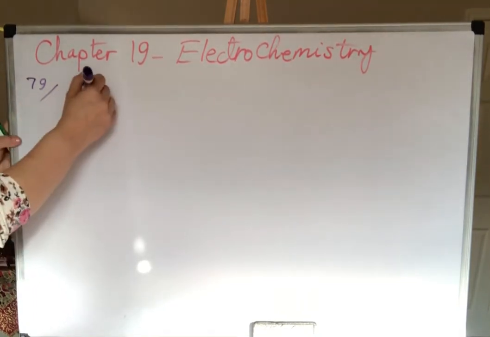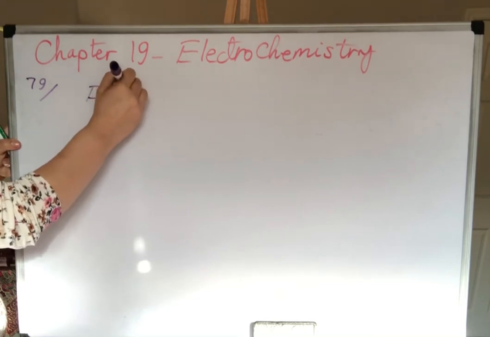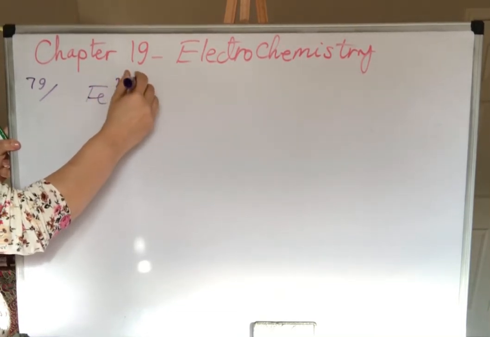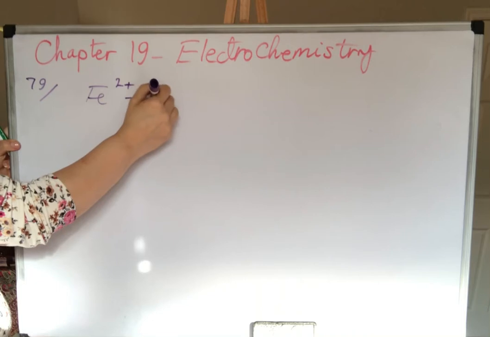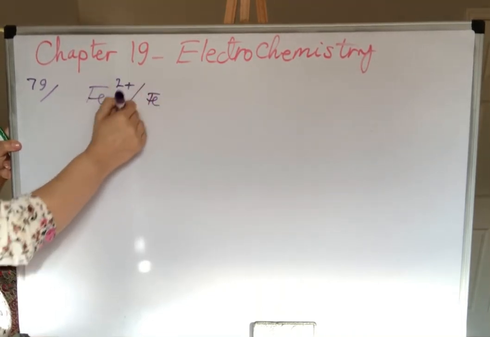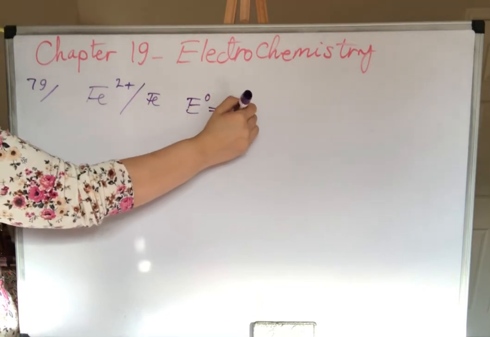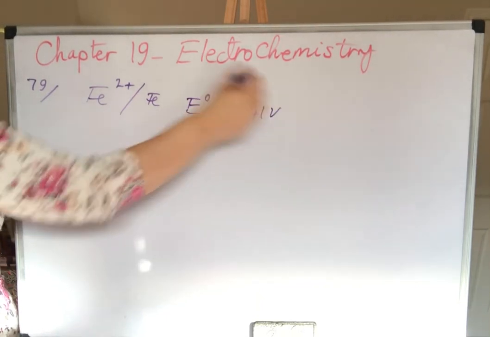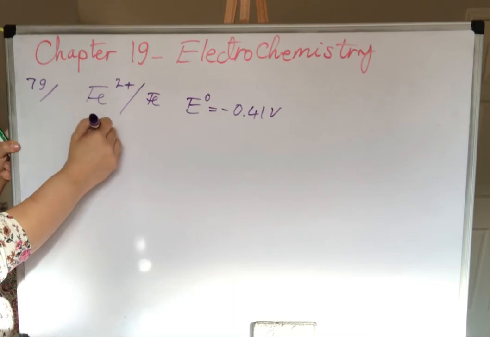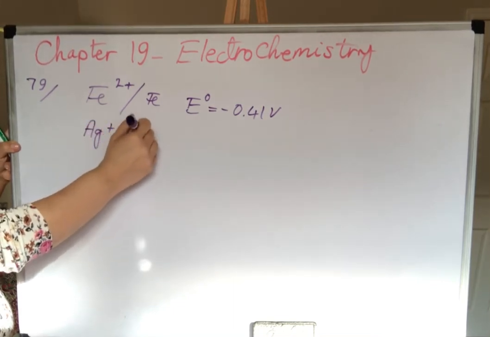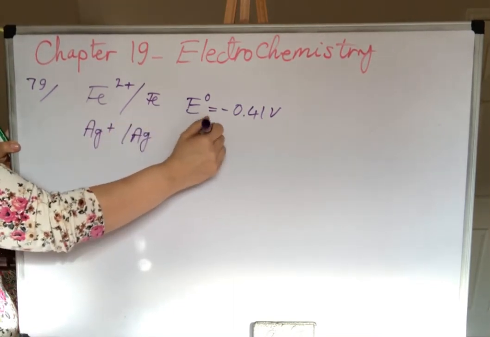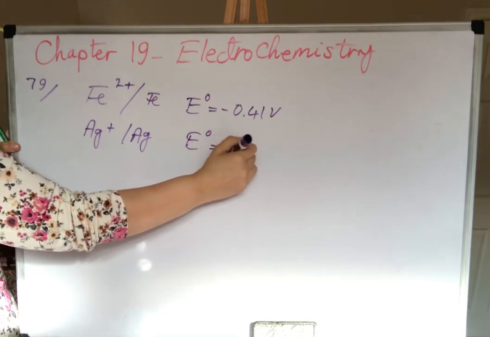Okay, this is the question. So the electrode potentials: Fe2+ to Fe is minus 0.41 volts, and Ag+ to Ag, E standard is 0.80 volts.